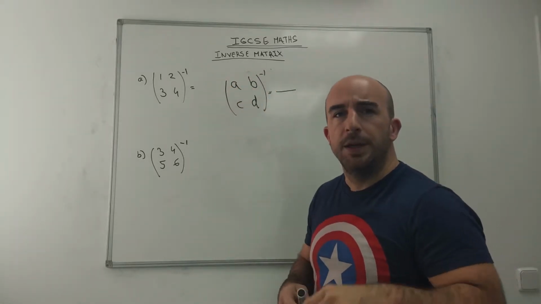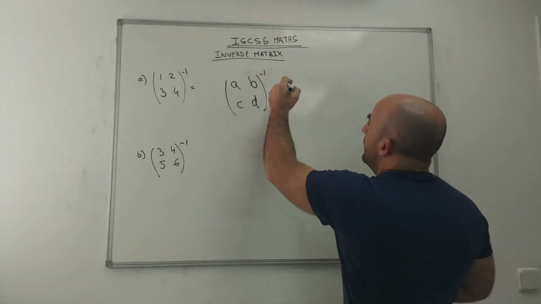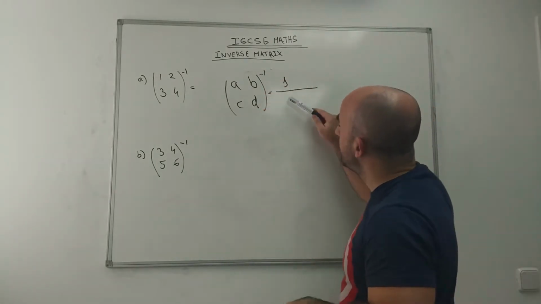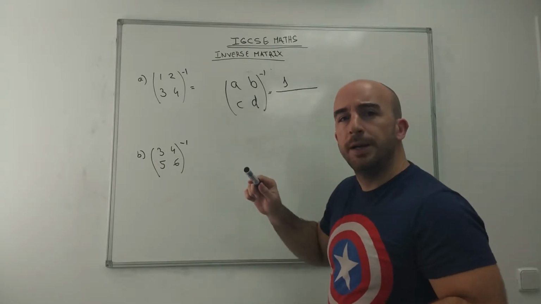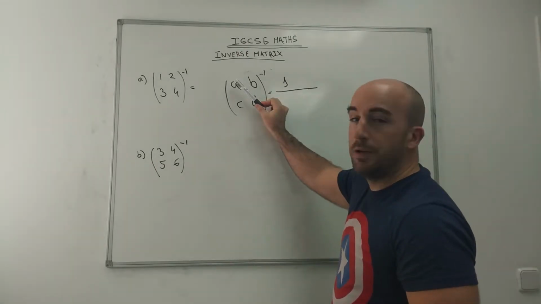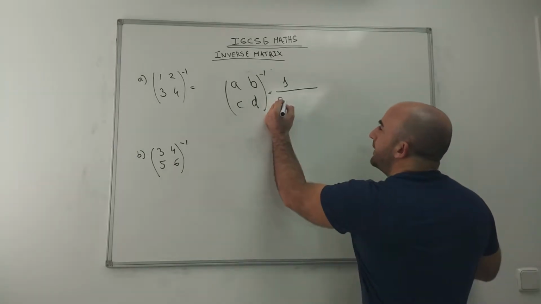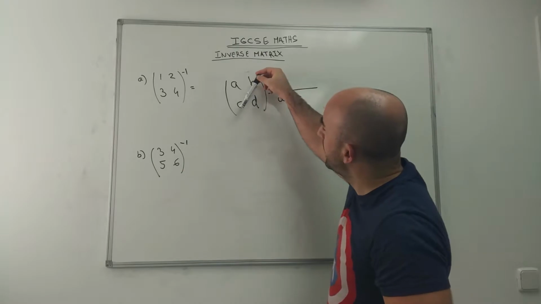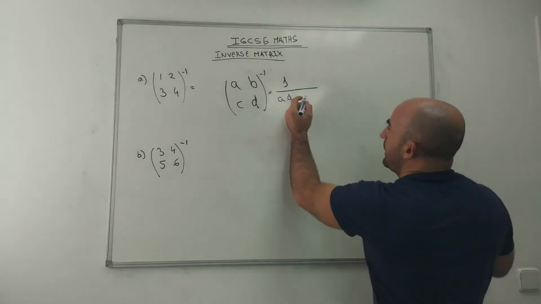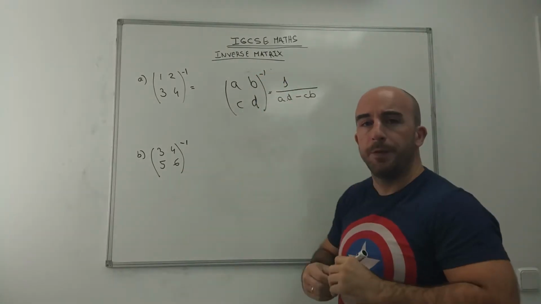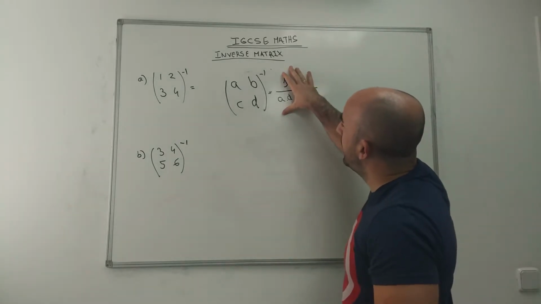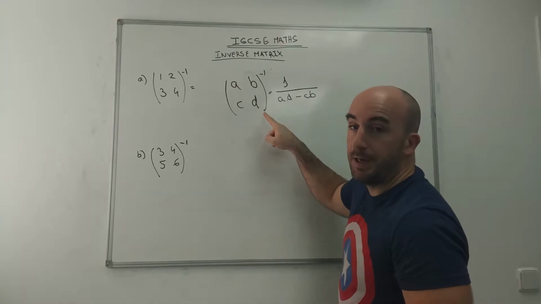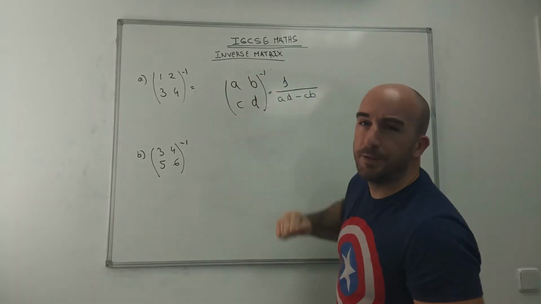The first step is to multiply by 1 divided by... What I'm going to do here is calculate the multiplication of this diagonal, so that's A times D. I'm going to subtract the multiplication of this diagonal, C times B. So, first step, I multiply by 1 divided by the multiplication of this diagonal minus the multiplication of that diagonal.